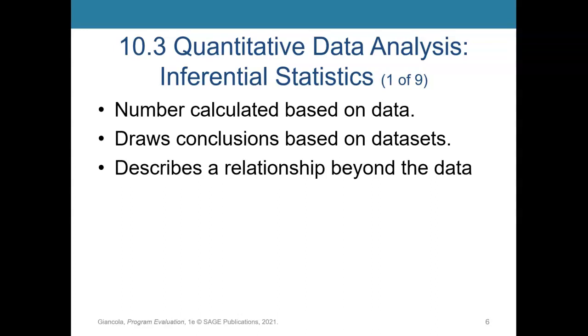It helps you to draw conclusions or go beyond simply describing the data you've collected. Oftentimes your goal in doing something like an evaluation is to be able to describe a broader population, or describe relationships that may exist in a broader population. So an inferential statistic allows you to do that.